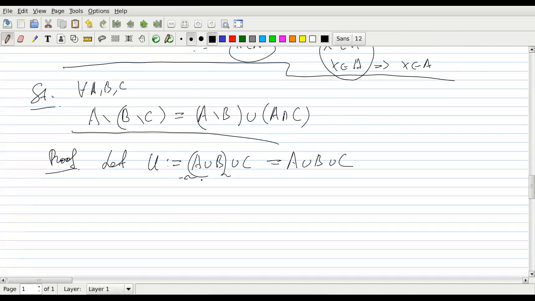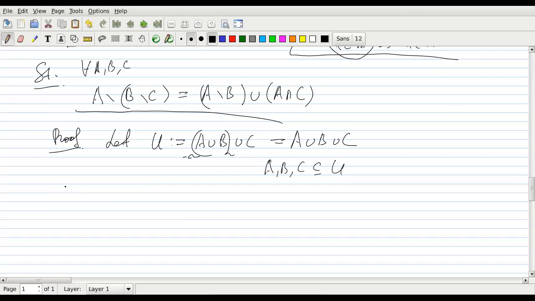Okay, let U be the union of all three sets. Clearly, this can serve as a universe, and we may have the following. B minus C is just B intersected by the complement of C. Is it clear?